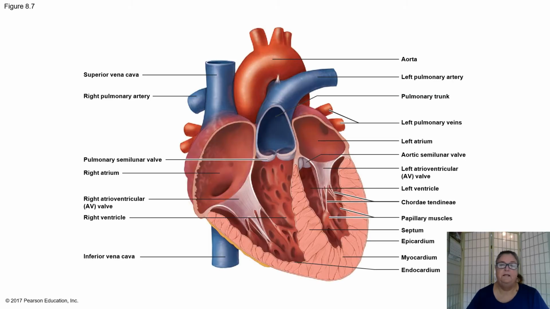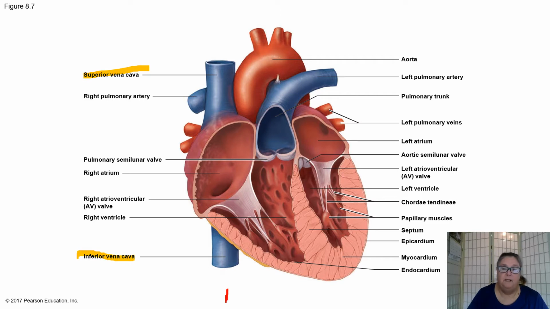Blood in the systemic circuit is out in the body, providing oxygen to the muscles and neurons in the digestive system, and picking up carbon dioxide and returning to the heart in the superior vena cava and the inferior vena cava.